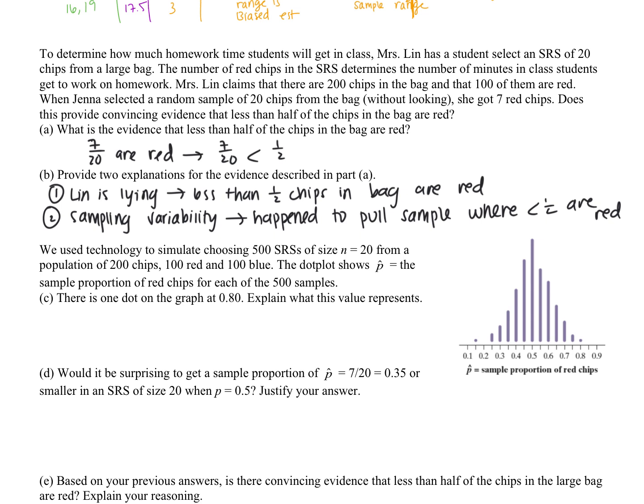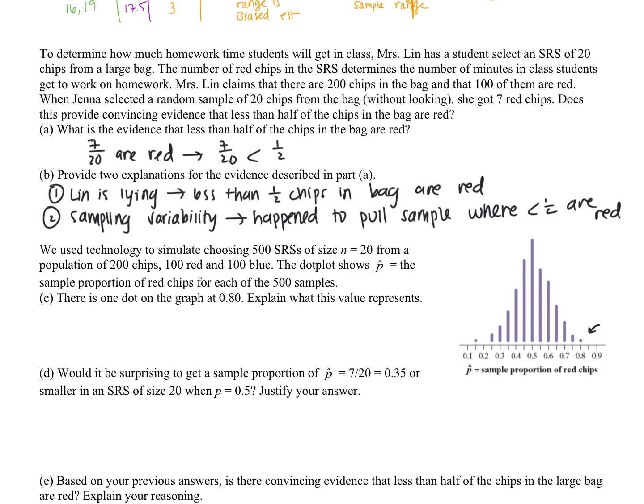So first thing, let's make sure that we understand what this graph is showing us. There's 1 dot in the graph at 0.8. What does this represent? If we remember from reading this and what we did the other day, each dot, so we have to imagine that these are a bunch of dots, represents a sample.